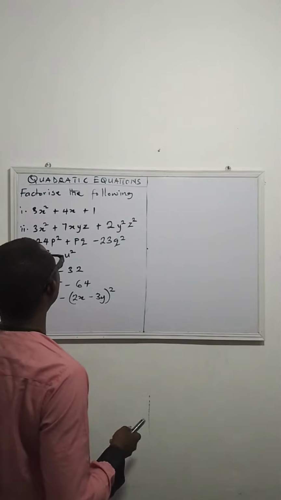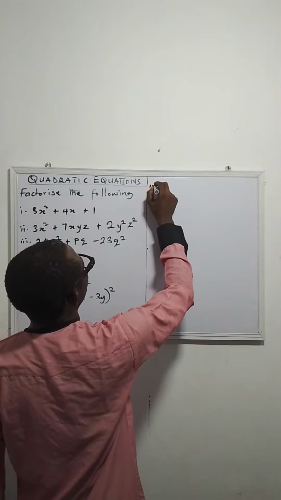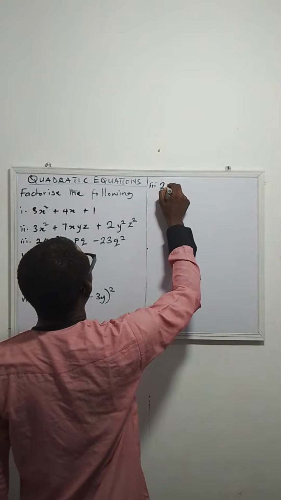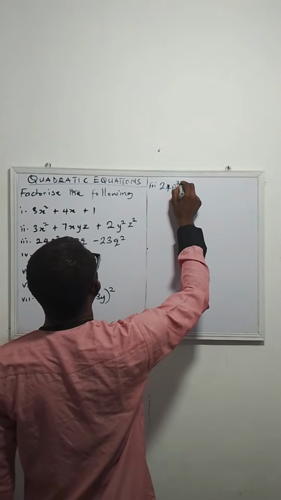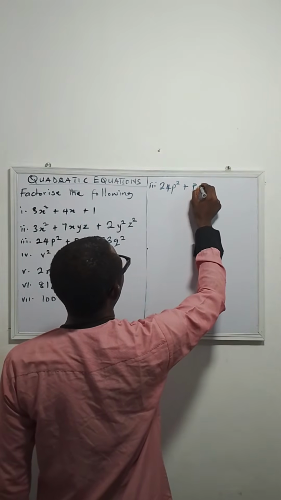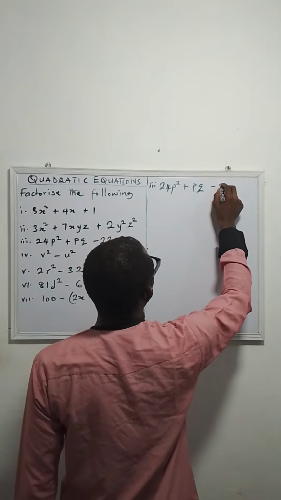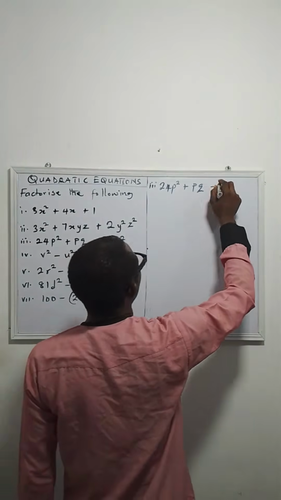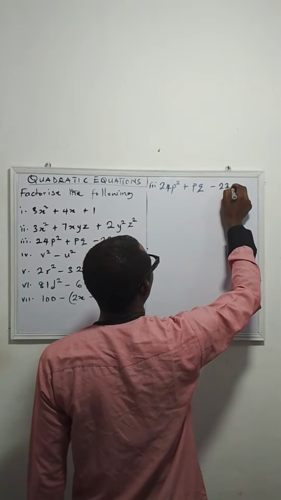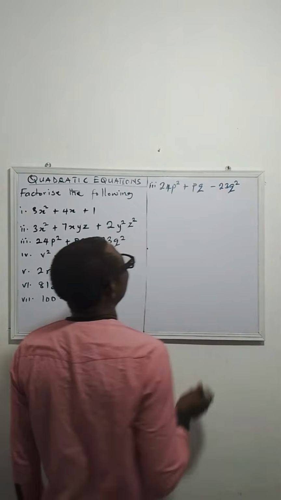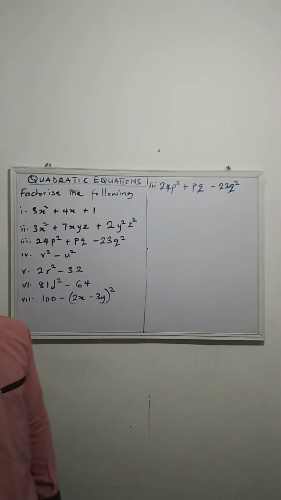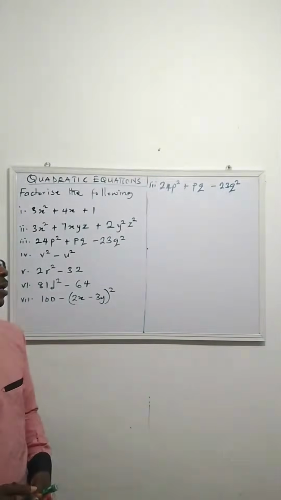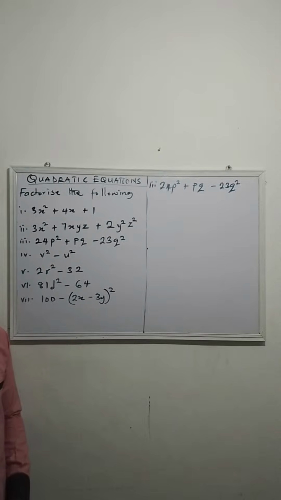So we have 24p squared plus pq minus 23q squared. Now how do you do this?